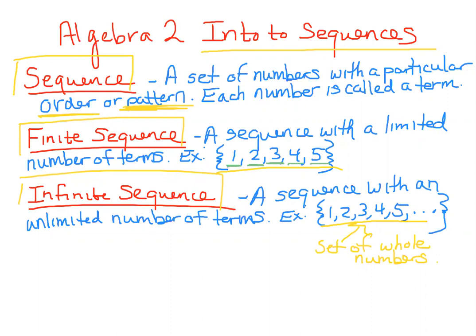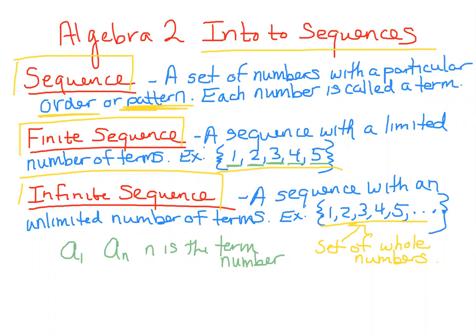The first term in a sequence is called A1. And each subsequent term is denoted as AN, where N is the term number, so where it falls in the sequence. So if we said A4, that would be the 4th term in the sequence. So that's what that is.